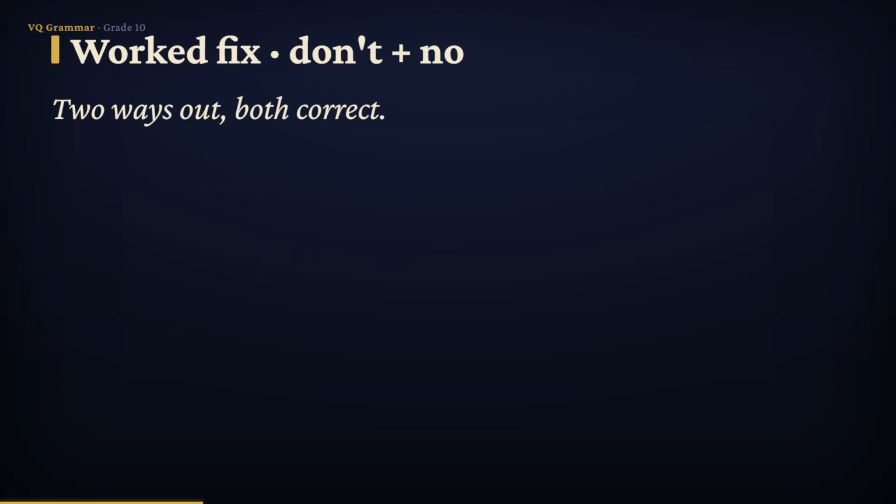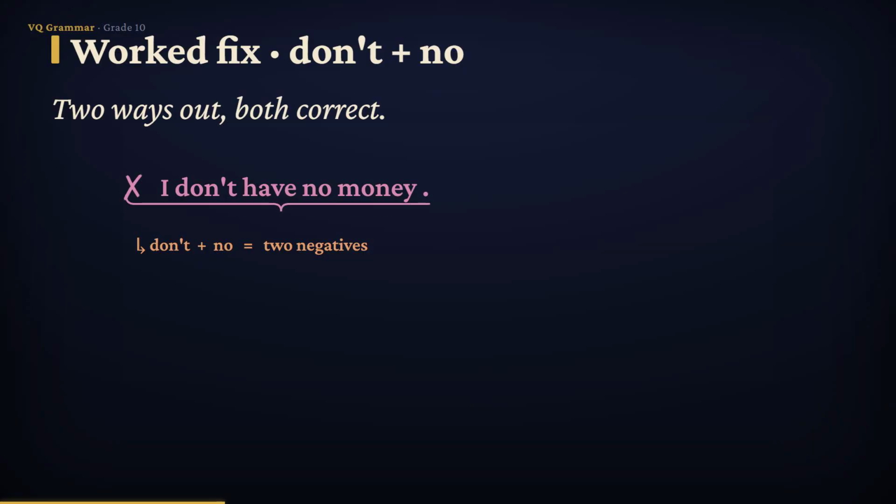Let's work a real repair, slowly. Someone writes, I don't have no money. Where are the negatives? There's don't, which is really do plus not. And then there's the word no. That's two negatives in one clause, and only one was ever needed. Now, here's the good news. You have two ways out, and both of them are correct.